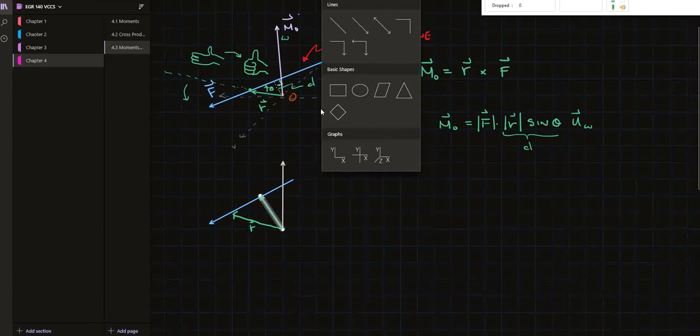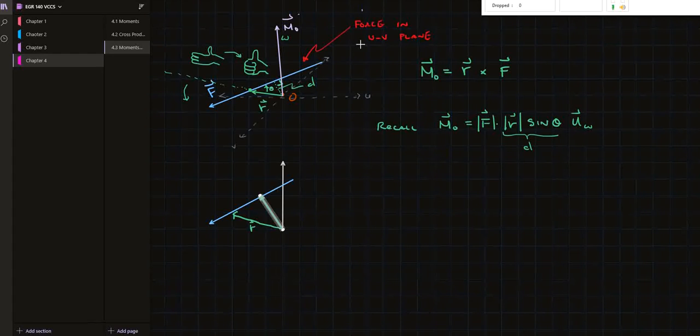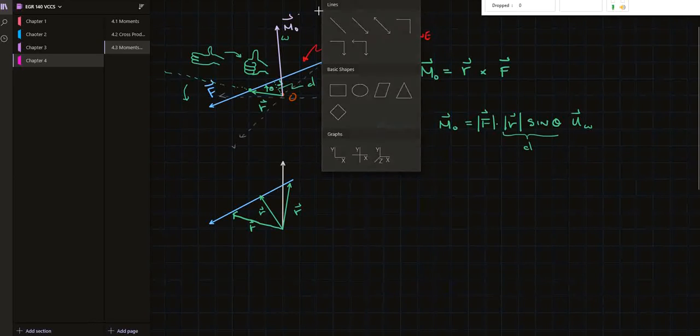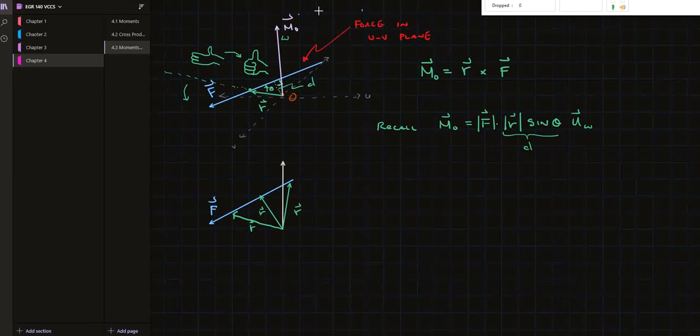Doesn't matter how we draw our R, as long as our position vector starts at the place where we want to do our moment and ends touching our force, we are in business.